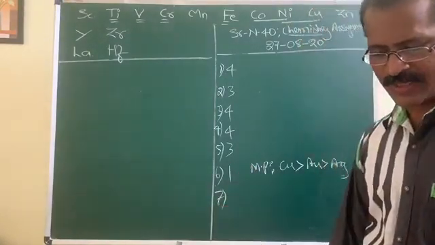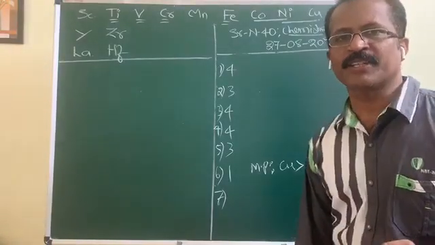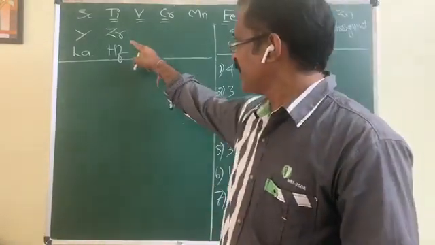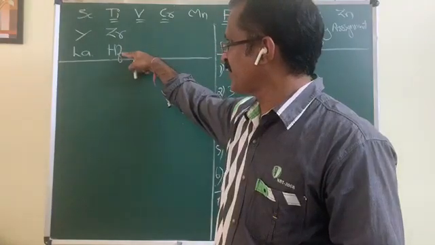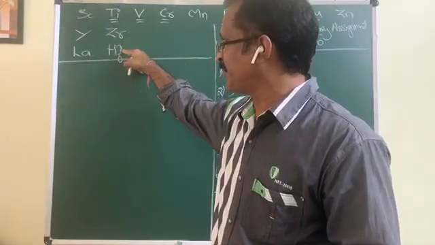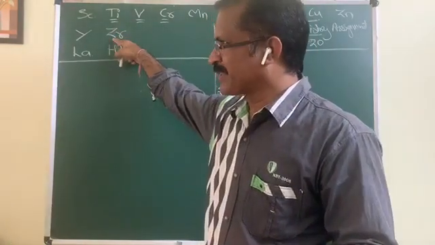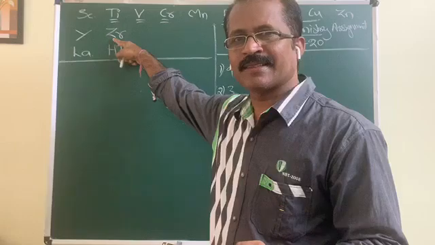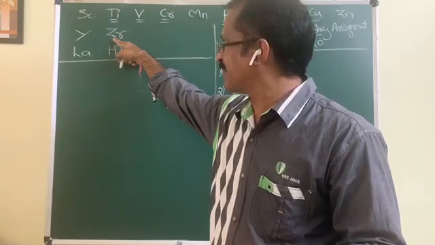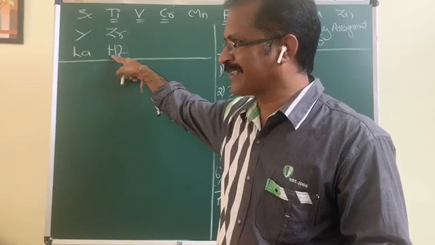Move to the next. Why are properties of zirconium and hafnium similar? You know, zirconium and hafnium belong to this fourth B group. From titanium to zirconium, size increases. It's a regular trend. In a group, size increases. But from zirconium to hafnium, there is no increase in size.